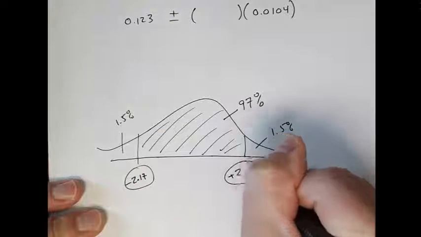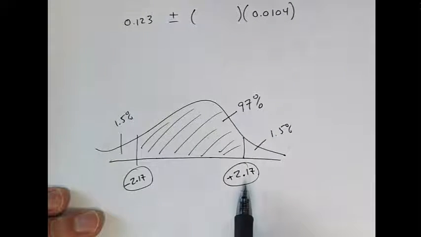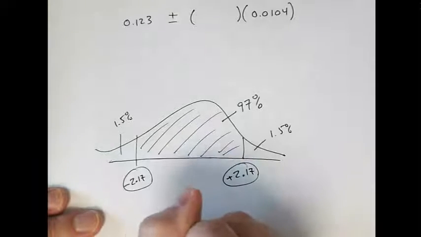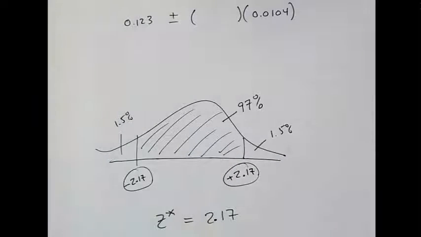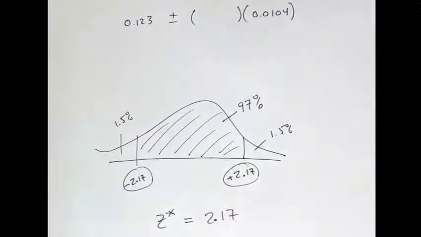Similarly, this would then be positive 2.17. So between negative 2.17 and positive 2.17, we capture 97% in between. Hence, the Z star value, we call it 2.17. We typically drop the negative because it's always going to have the plus or minus, so that negative is accounted for.